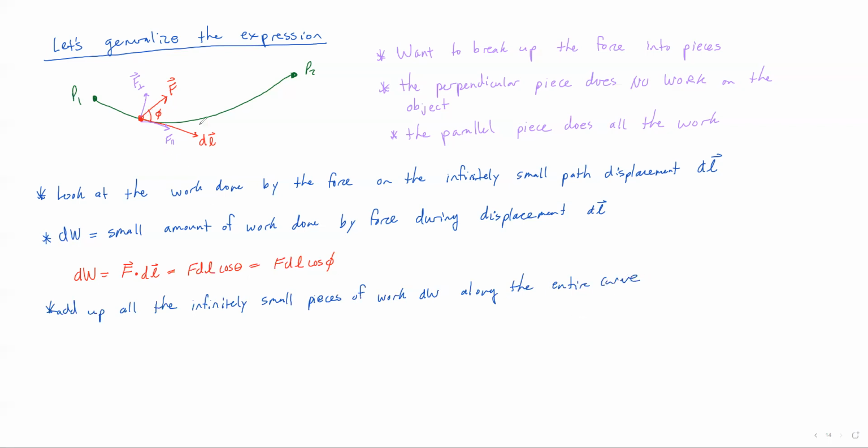So you just add all of them up. How do we add something up that's infinitely small? We use an integral, right? The integral of dW is going to be the integral of F dot dl.